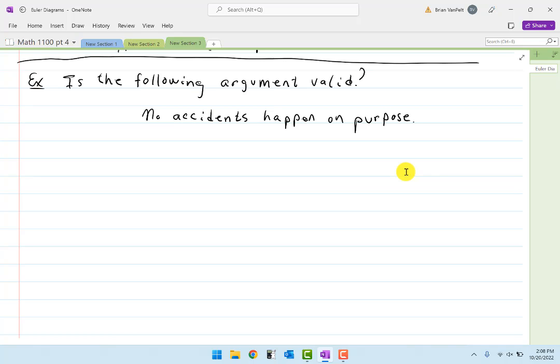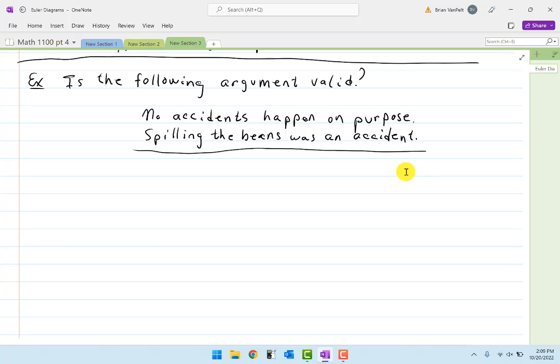Spilling the beans was an accident. Therefore, the beans were spilled on purpose.